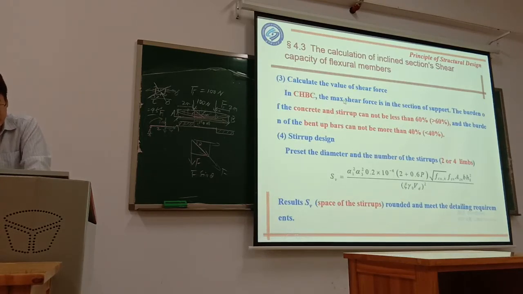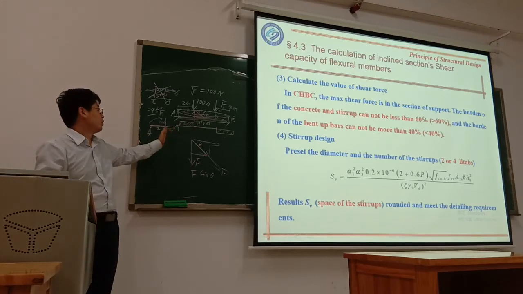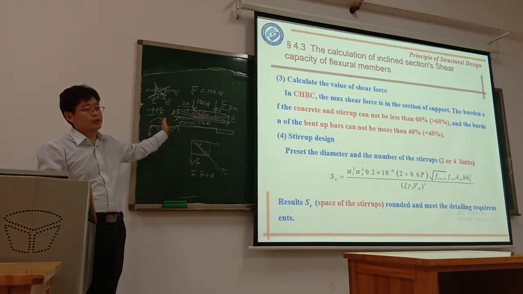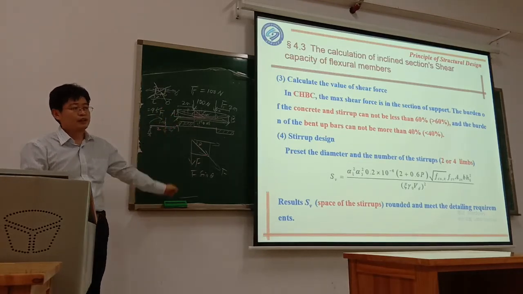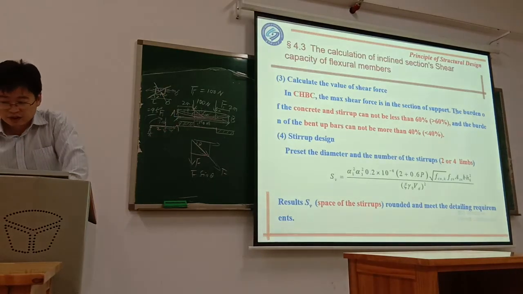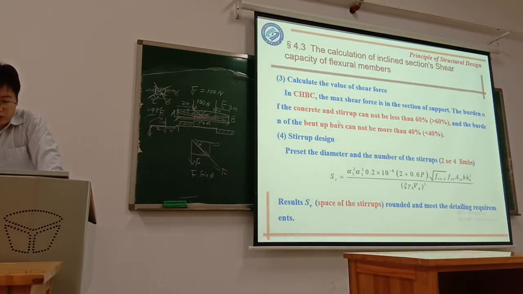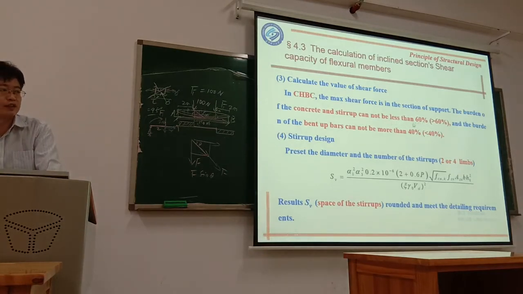In CTBC, the maximum shear force is in the section of the support. Of course, we know near the supporting point, the shear force is the largest one. So the burden of the concrete and stirrups cannot be less than 60%.